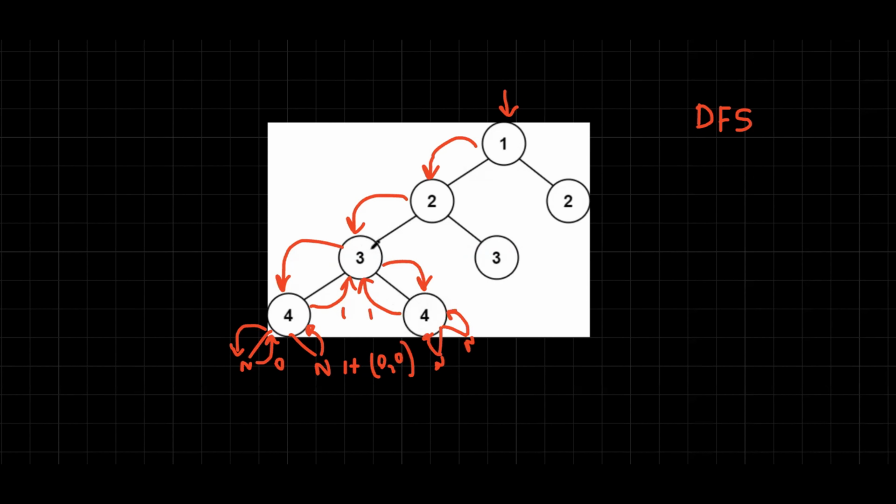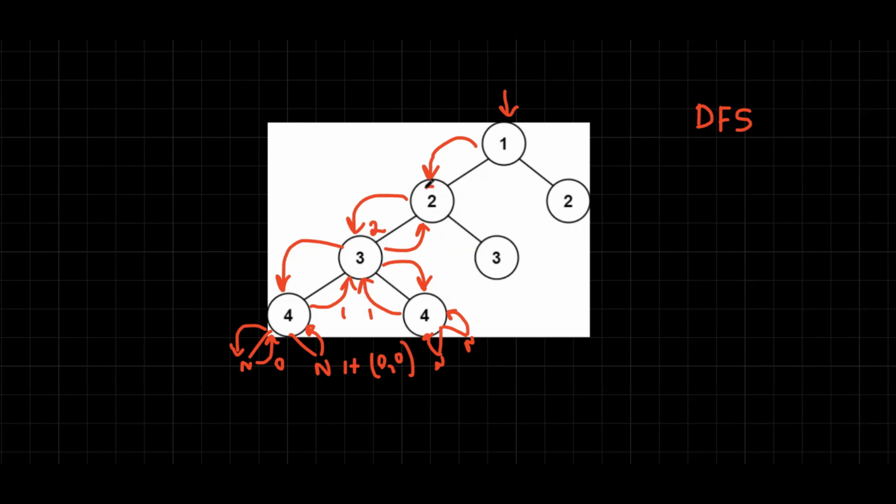Now, as node 3's left subtree and right subtree are traversed, we simply return from node 3. So what will node 3 return? It will return 2, which is this root plus this path, or we can say it is the maximum of 1 plus 1 and 1, which is 2.